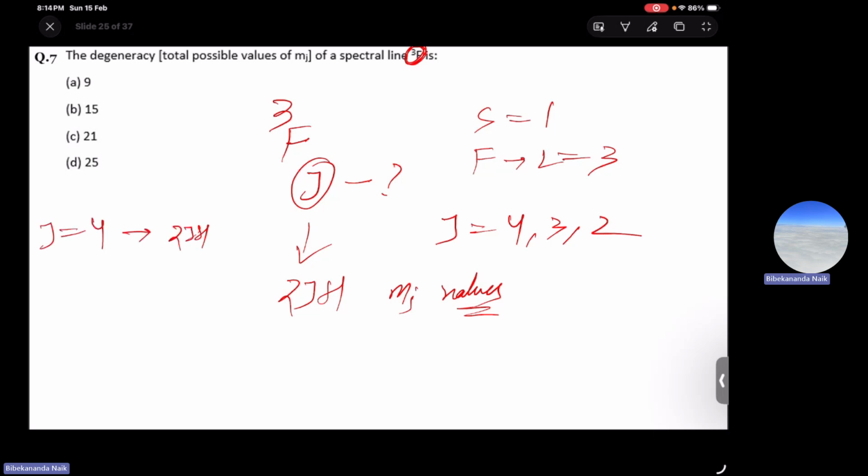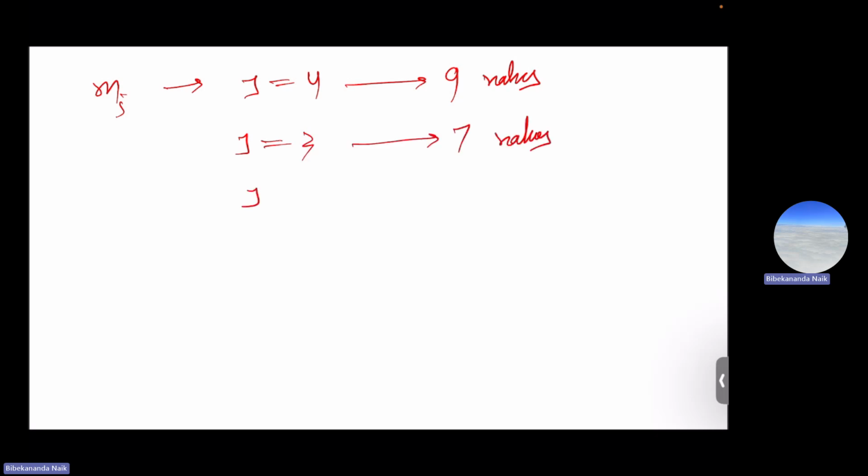Corresponding to J equal to 4, 2J plus 1 is 9. Corresponding to J equal to 3, 2J plus 1 is 7. Corresponding to J equal to 2, 2J plus 1 is 5. So for Mj, J equal to 4 gives 9 values, J equal to 3 gives 7 values, J equal to 2 gives 5 values.